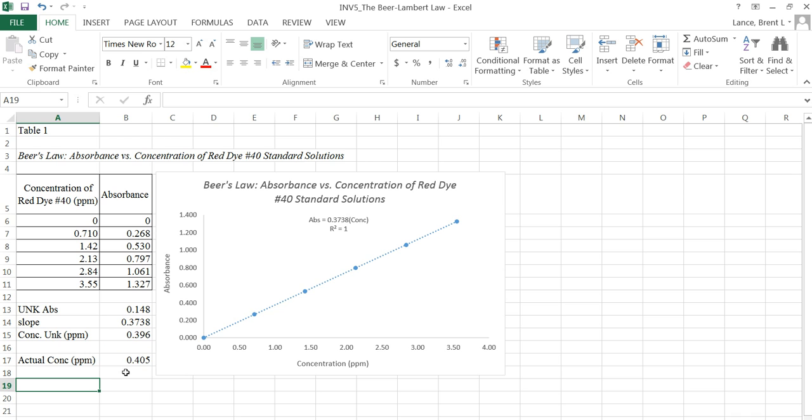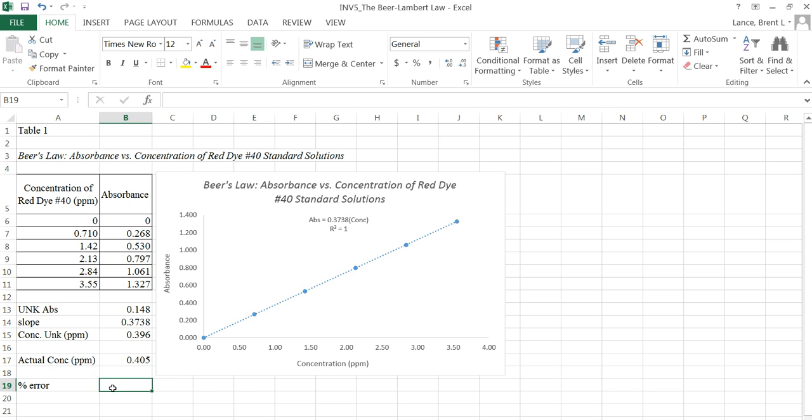So that's when I made the solution, that's what its concentration was. From that, I can calculate a percent error. Now remember that percent error is the absolute value of the error, or the difference in the two, divided by the actual times 100.